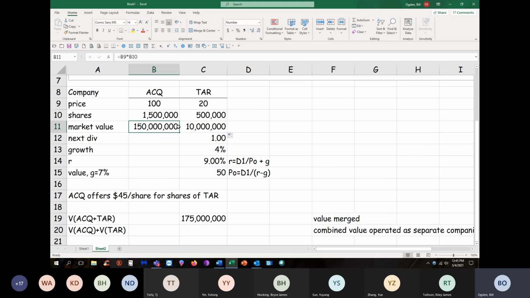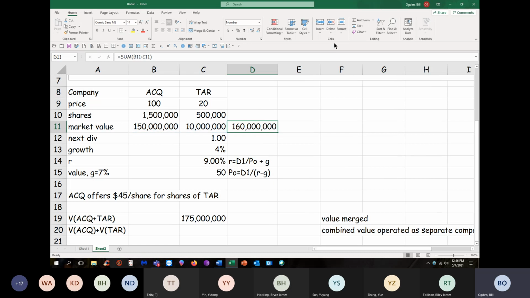So if we operate these as separate companies, what are they worth together? They would be worth 160 million, wouldn't they? So operated separately, not merged. And whatever the ACQ managers believe they could do with TAR if they owned it, unless they merge, they don't have that ability to increase the value of TAR.